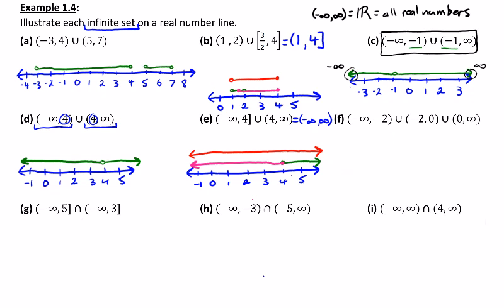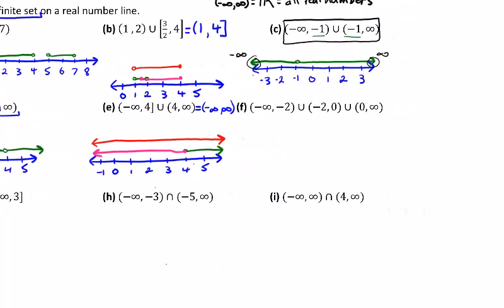On part F, I have 3 infinite sets with 2 operations. Now, it doesn't say anything here about having any grouping symbols, nothing like that's going on, so I'm just going to work this thing from left to right. I'm going to make my number line. There's 0.